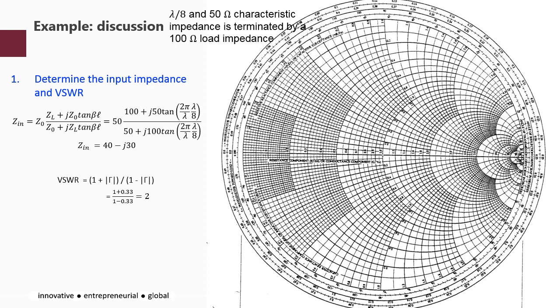From the earlier calculation, you will get the input impedance equal to 40 minus J30 and the VSWR equal to 2. If you can remember the equation, or if the equation is provided, then you can use it to calculate.